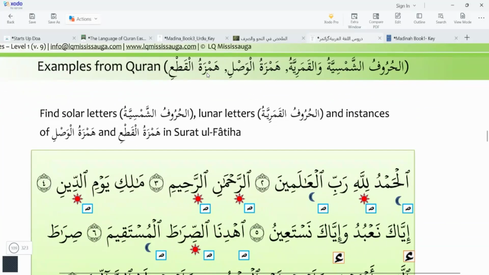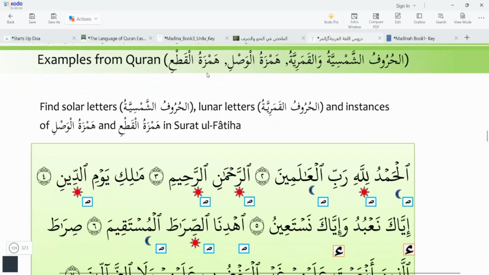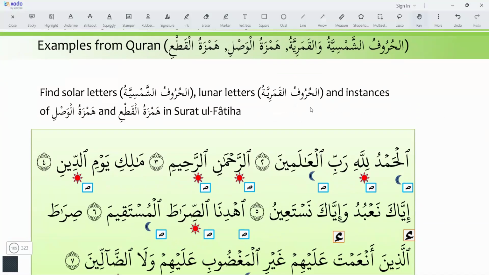And this is the Surah Baqarah. We will learn more about al-huruf ash-shamsiya wal-qamariya, Hamzatul Wasal and Hamzatul Qat'i. In Surah Fatiha, find the solar letters, al-huruf ash-shamsiya.